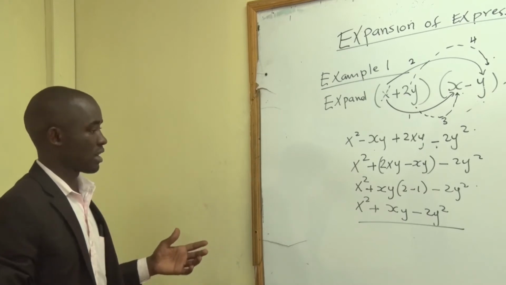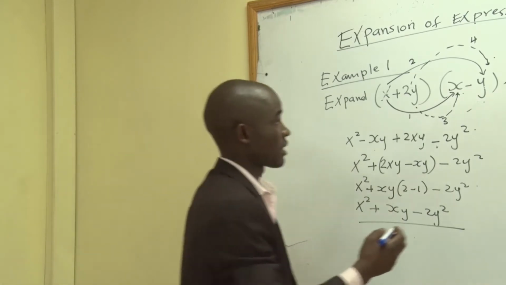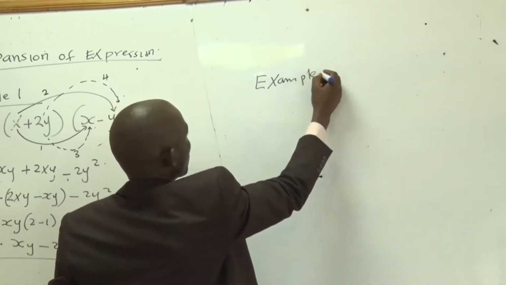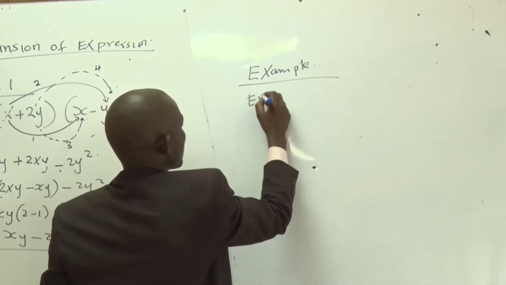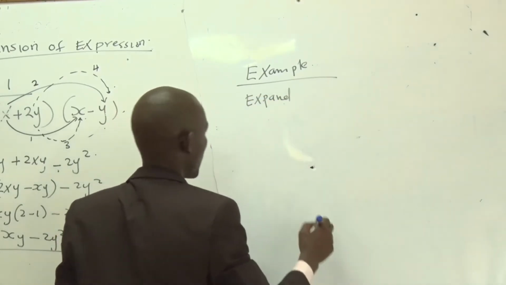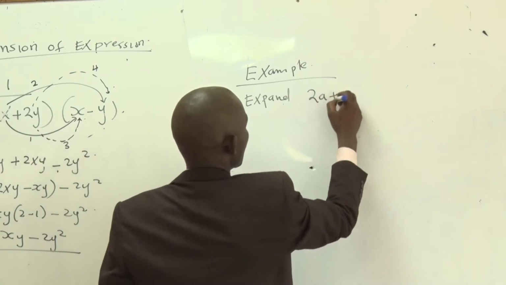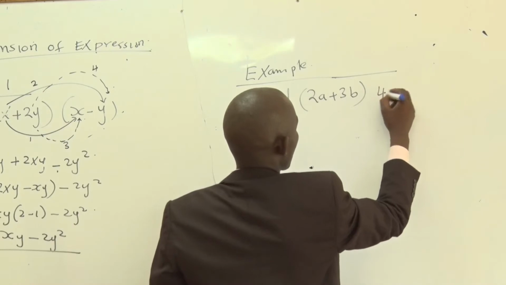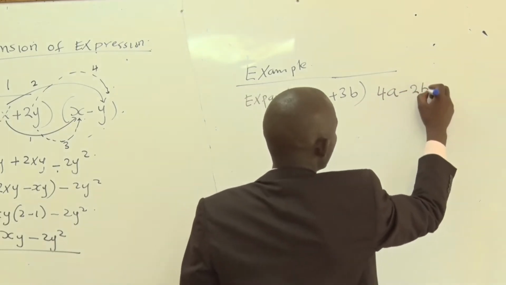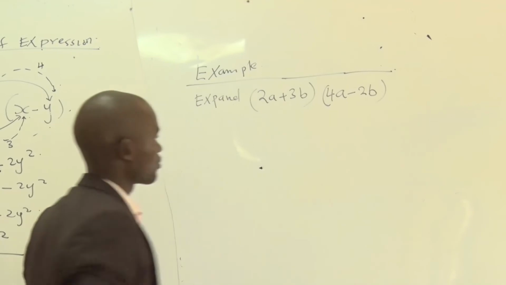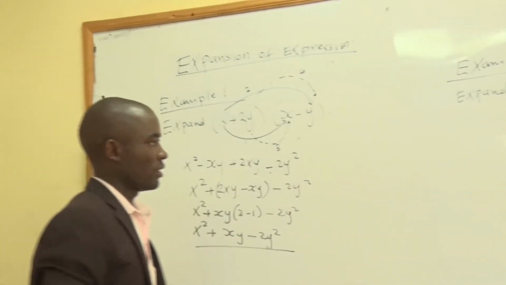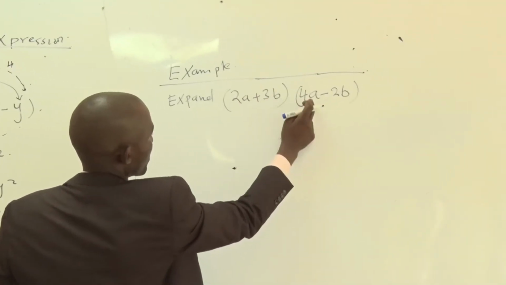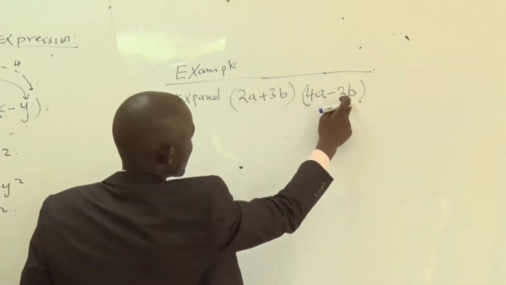We can take another example. Example 2, if you are told to expand maybe 2a plus 3b, then you are given maybe 4a minus 2b. Like I said, the first process, you will take this number multiplied by a, this number again multiplied by the second part.